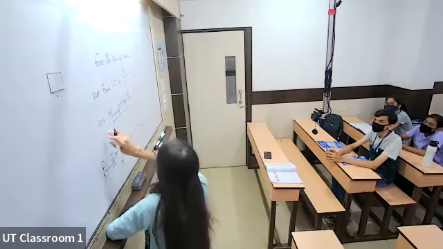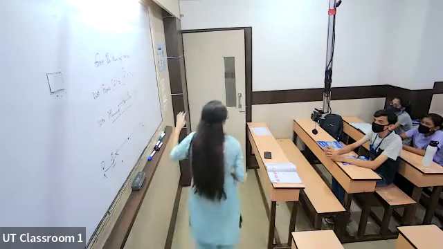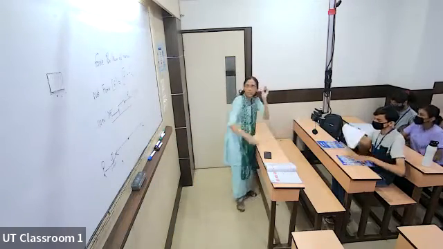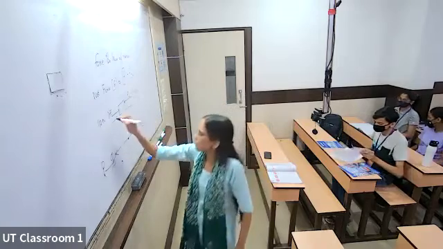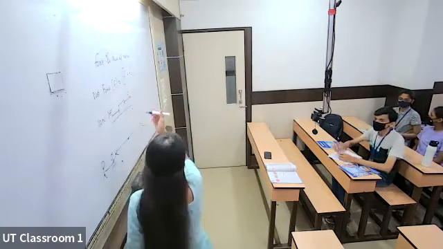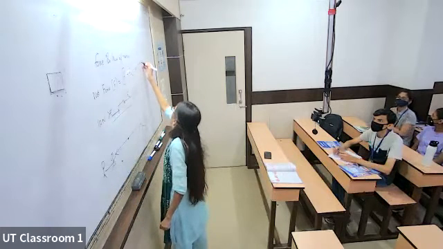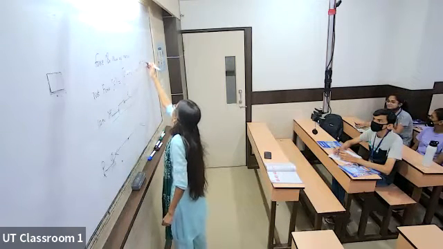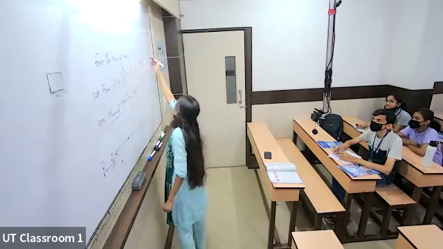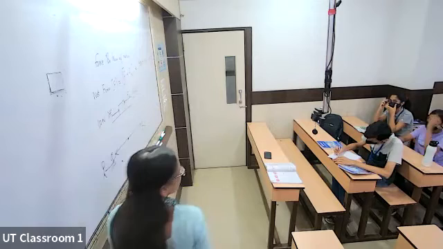If this direction is considered positive, then the other 10 newtons is minus 10. So 10 newtons plus minus 10 newtons is equal to 0 newtons. So the net force acting on this body is 0.